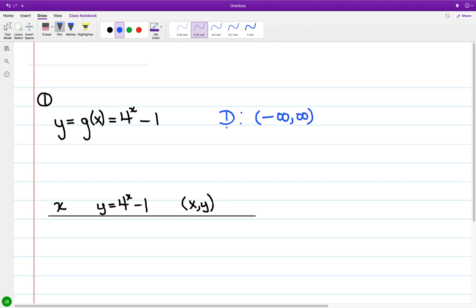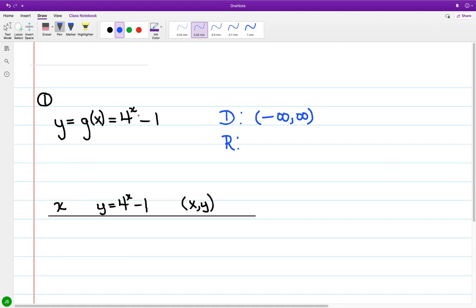Now the range will be in reference to the set of y values. If I have 4 to a negative power, or 4 to the 0, or 4 to a positive power, the results will always come out positive. The smallest that 4 to the x can be, like 4 to almost negative infinity, is just the reciprocal of 4 raised to a positive power.